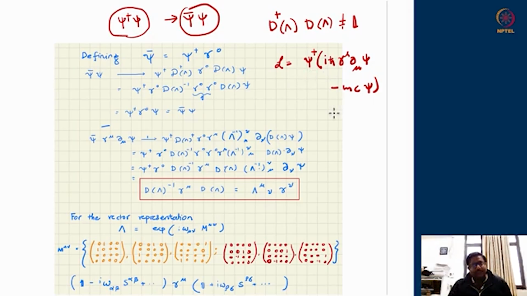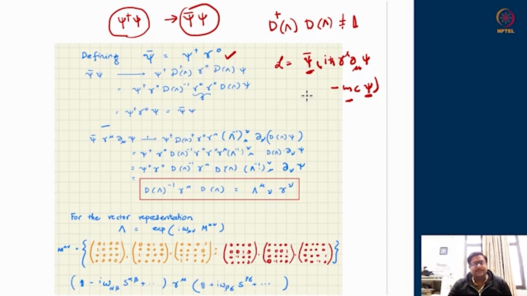Variation with respect to psi dagger indeed gives rise to the Dirac equation, but unfortunately the piece psi dagger psi which is appearing with a mass over here is not Lorentz invariant. So we realized that we should not be using psi dagger psi, but we should use psi bar psi rather, where psi bar is related to psi dagger through an extra gamma naught multiplication.